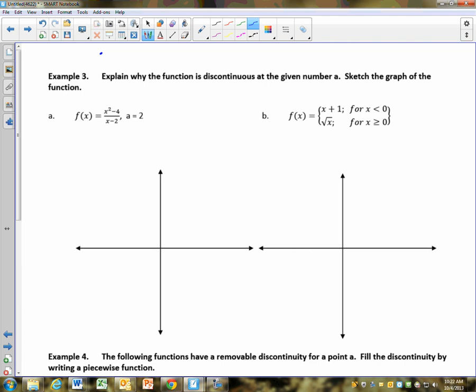Okay. There are 3 types of discontinuities. You have removable discontinuities. Those are the best. Removable discontinuities are what make calculus possible, and you'll see that possibly Monday.